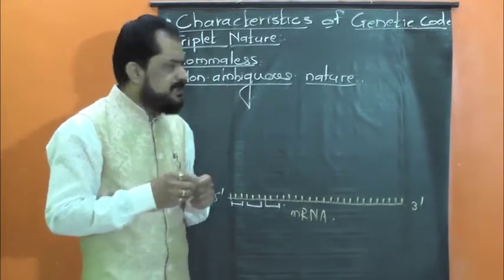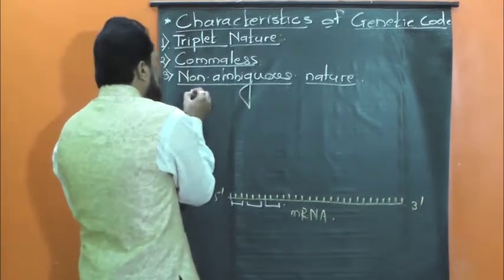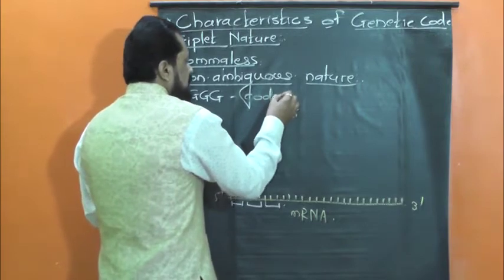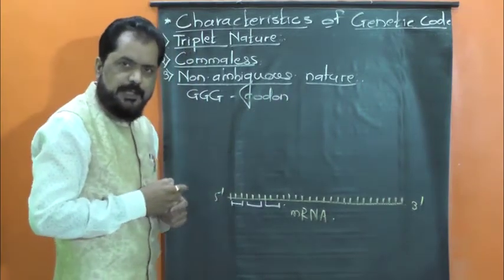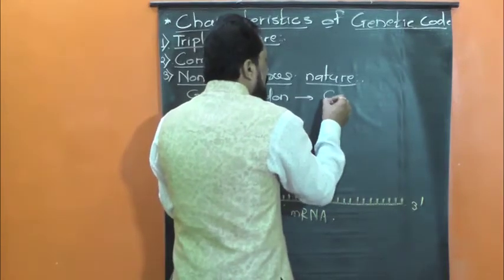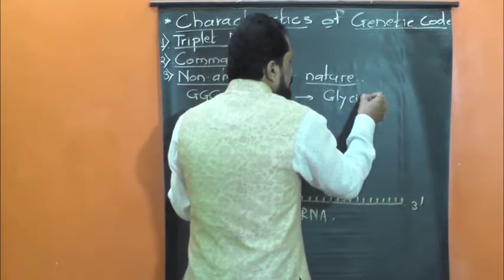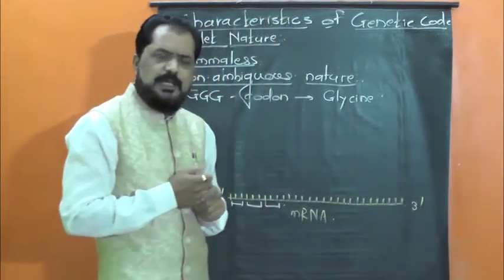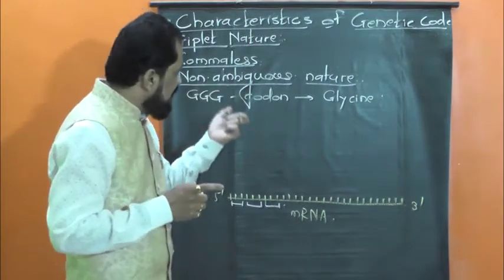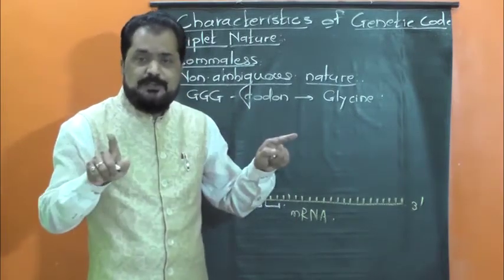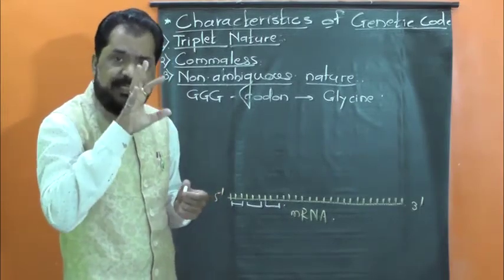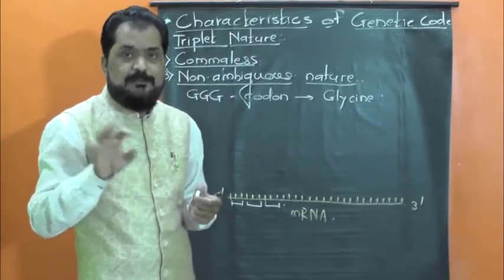Say, for example, GGG is the codon, and this GGG codon always specifies the amino acid glycine. हा नेहमी ग्लायसिन या अमायनो ऍसिडला स्पेसिफाय करेल. It means this codon will not carry the information for any other amino acid. It means it is non-ambiguous.